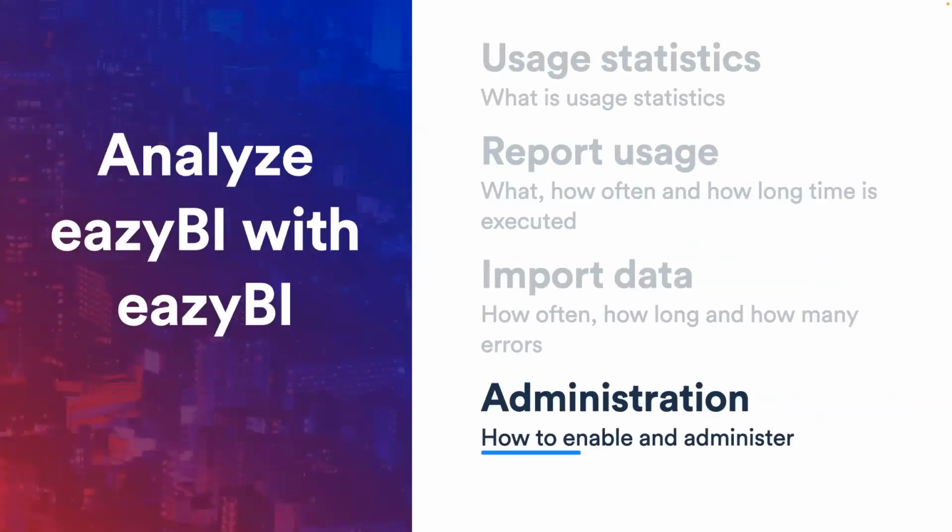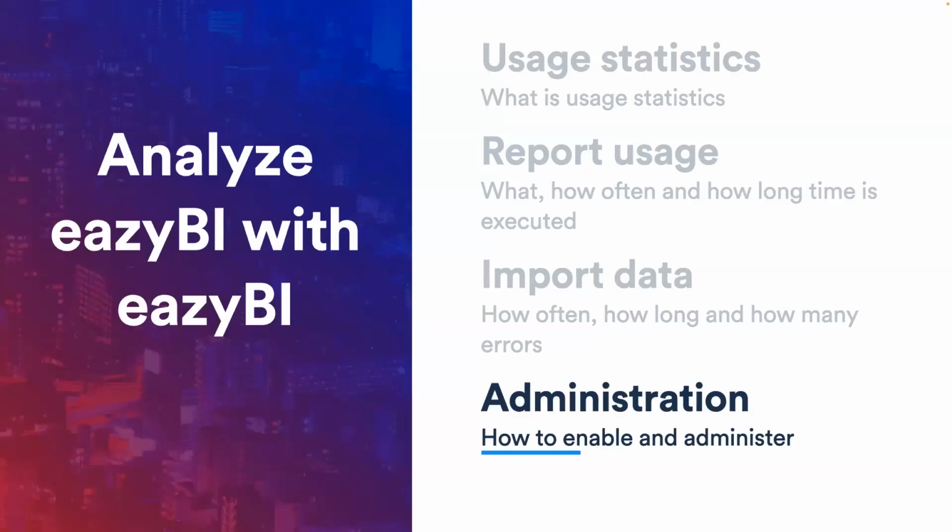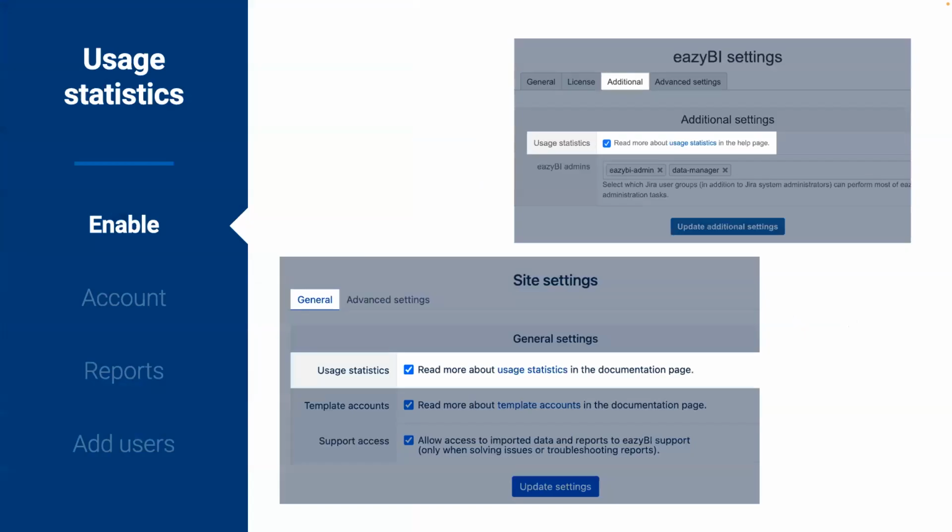And the last thing I would like to talk about is how to enable user statistics and how to administer it. So in Jira Server, you go to eazyBI settings, and in the additional tab, there will be a user statistics checkbox. For Jira Cloud, it will be under the General tab in Site Settings.